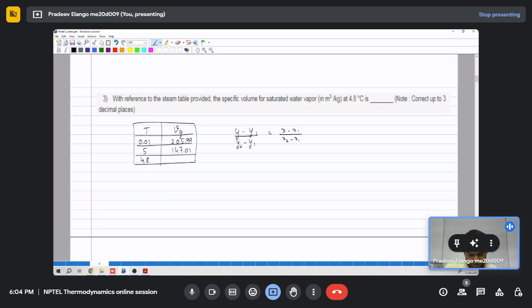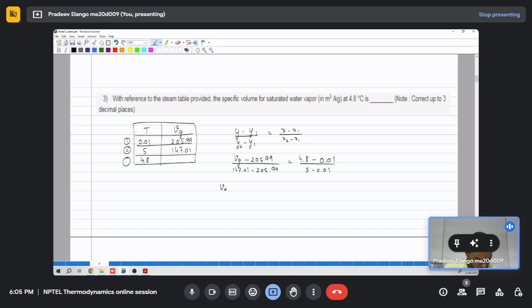Considering y as Vg, we have (Vg minus 205.99) divided by (147.01 minus 205.99) equal to (4.8 minus 0.01) divided by (5 minus 0.01).